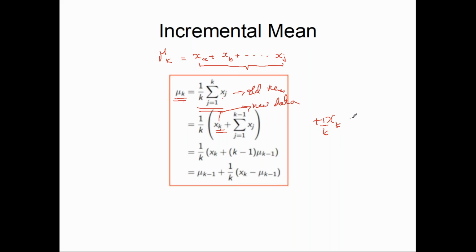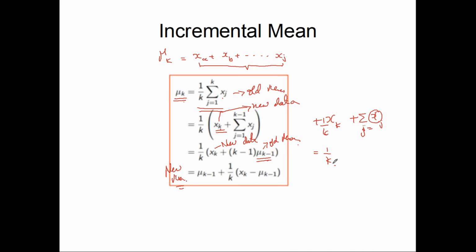They take a mean of it plus the sigma of x_1 up till j. Now this particular thing is nothing but x_j, is 1 by k, this up till this earlier old mean. This is the old mean, this is the new data, and this will give you the new mean.